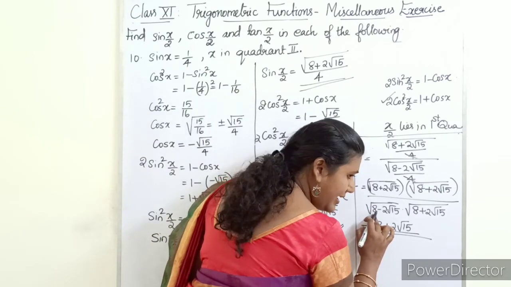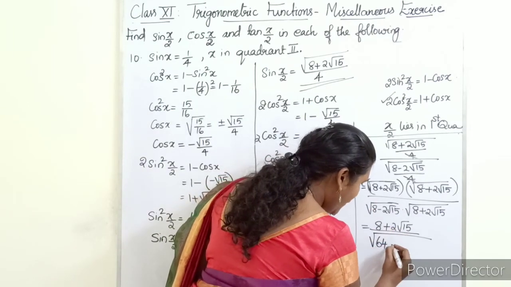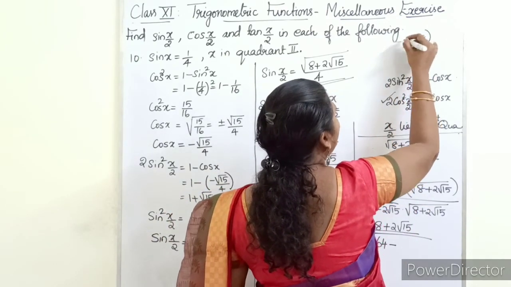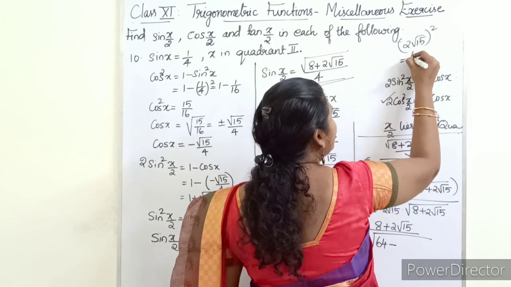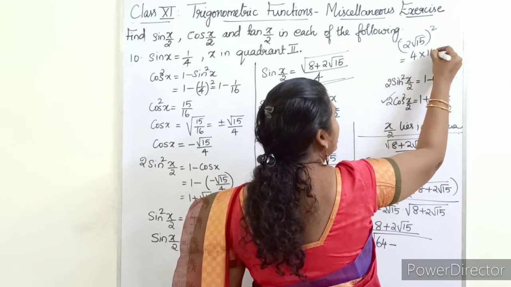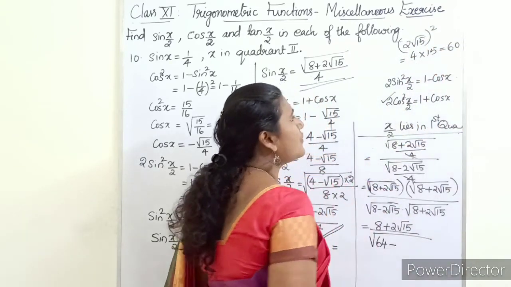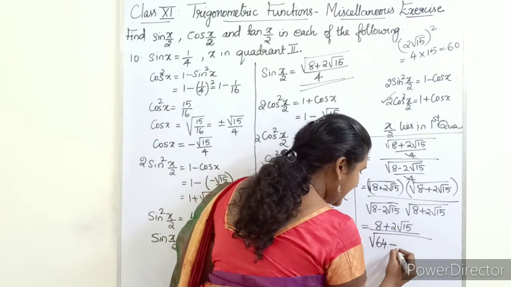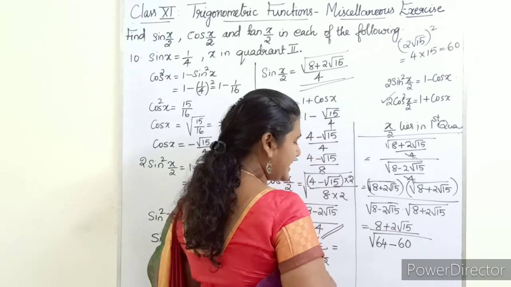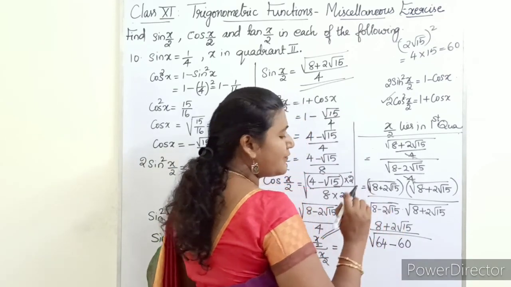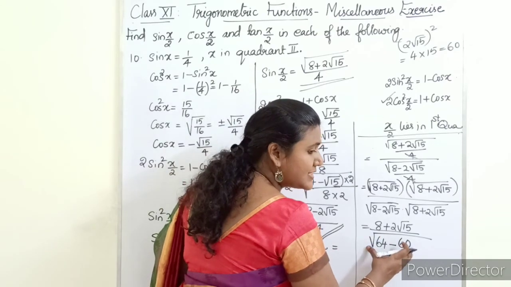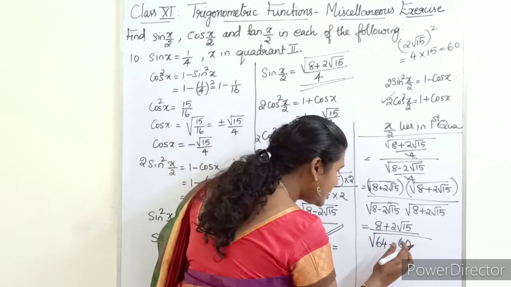A is 8, so 8 square is 64, minus the square of 2 root 15. What is the square of 2 root 15? 2 square is 4, root 15 square is 15, that is 4 into 15 is equal to 60. So when you take the square of the second number, you get 60 as the answer. So root of (64 minus 60) is root 4. So the denominator is root 4, which is equal to 2.